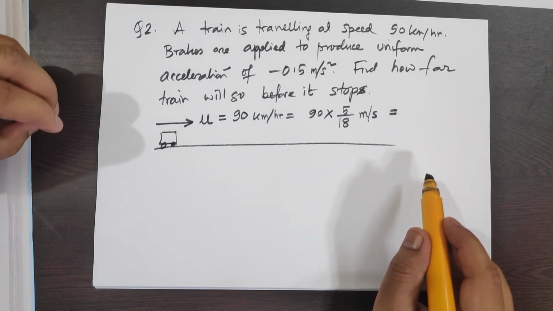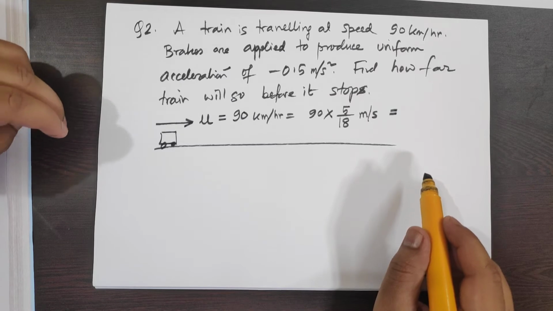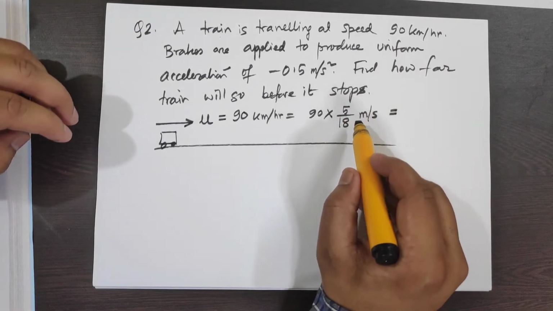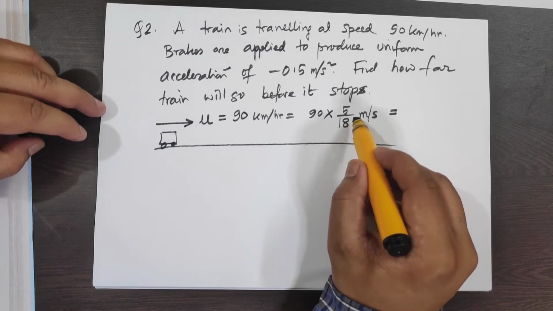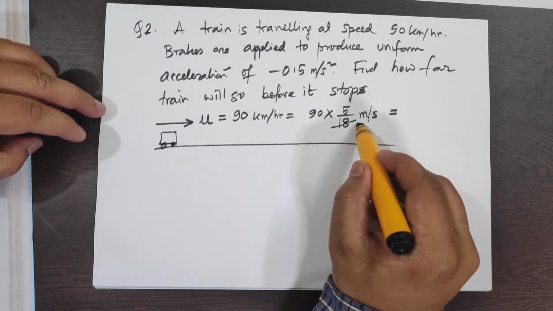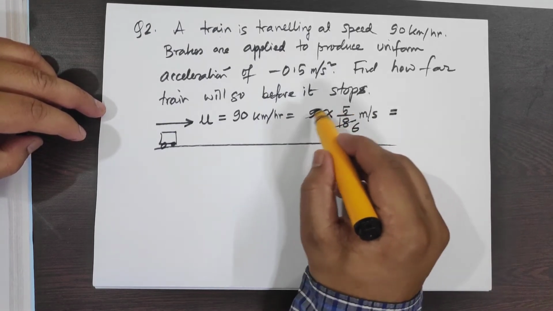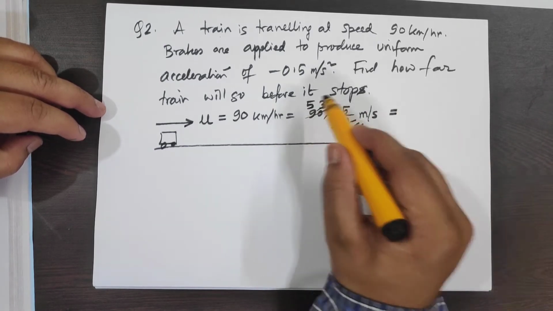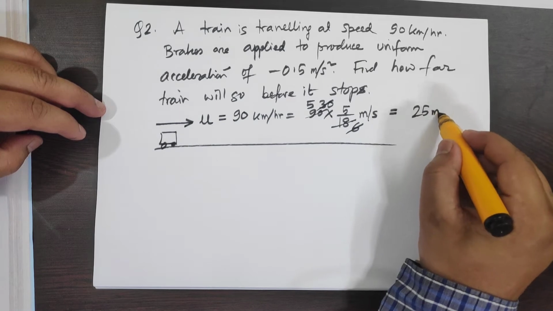So 90 divided by 18, into 5, so 25 meter per second.